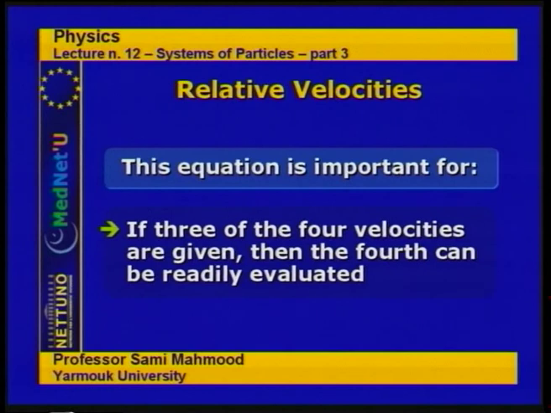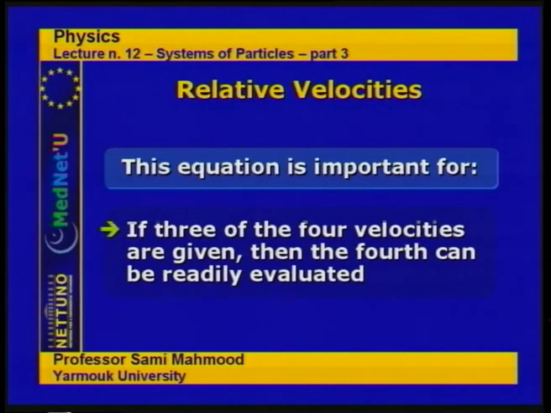And as we said, this equation is important in our solution because, for example, if we know three velocities, such as the initial velocities of the two particles and one of the final velocities, we can evaluate the fourth immediately from this formula, directly, without going into any more details of the calculations.